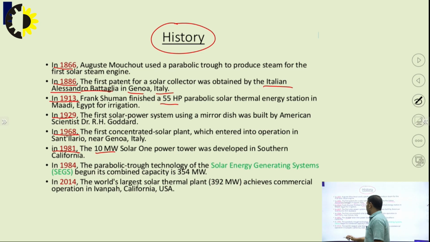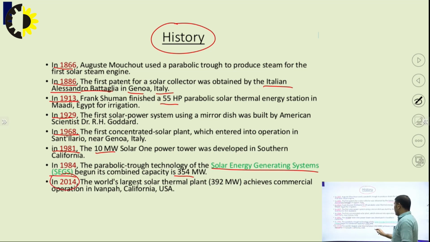And in 1984, the parabolic trough technology of the Solar Energy Generating System, that is SEGS, began with its combined capacity of 354 megawatt. And in the last 10 years, in 2014, the world's largest solar thermal power plant, 392 megawatt, achieved commercial operation in Ivanpah, California, USA. Okay, so this is a little bit about the history.